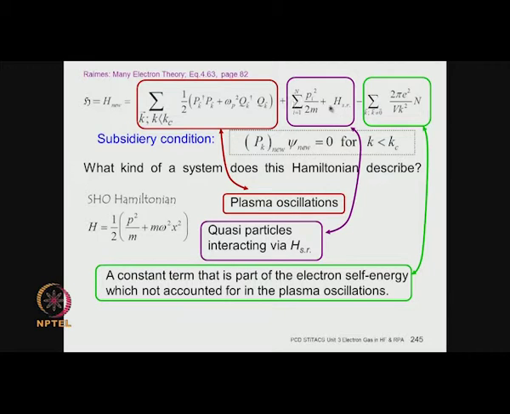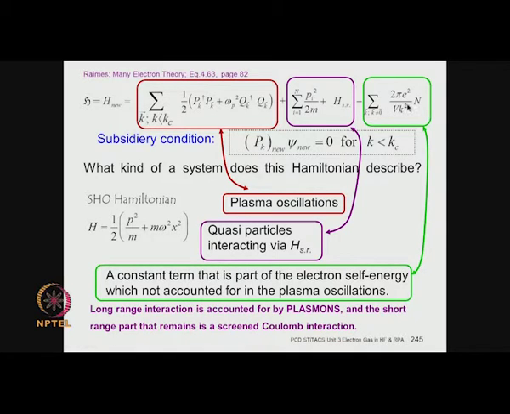You have got a Hamiltonian for a set of particles, but these are not the original particles, so these are called quasi-particles. These are like the elementary excitations which interact through a short range interaction, and then you have got a self energy correction, and the long range part of the interaction is accounted for in the plasmons and the short range terms are over here.